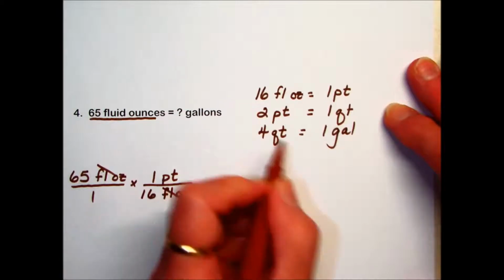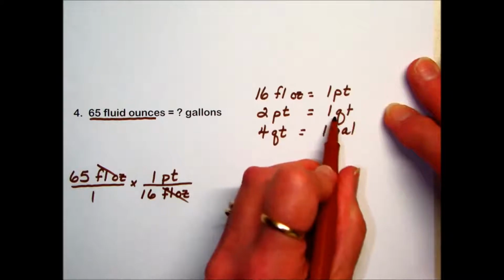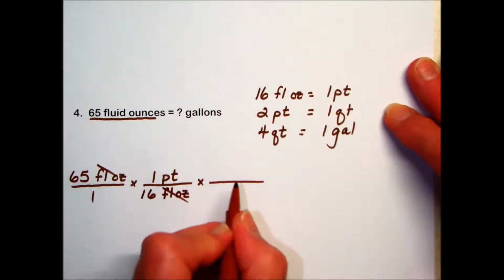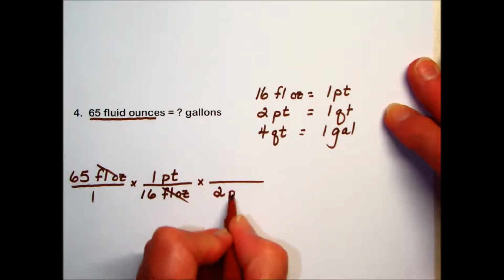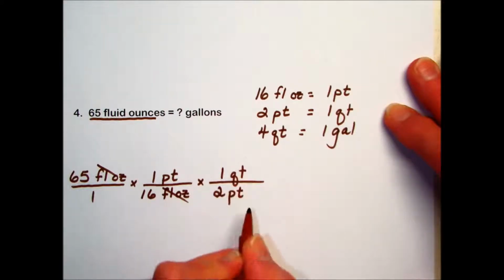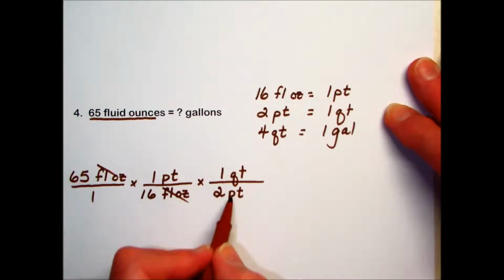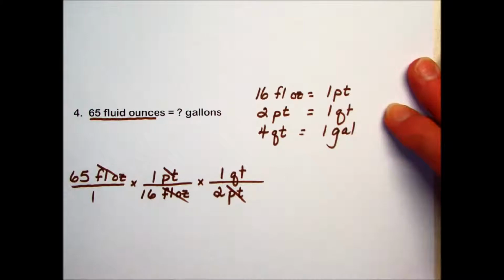Temporarily, we have units of pints. The next relationship, we want to get rid of pints, so we'll put the 2 pints in the denominator and the equivalent 1 quart in the numerator. In both these cases, these fractions are equivalent to 1 because we have equivalent values over one another. This will allow us to cancel out pints.